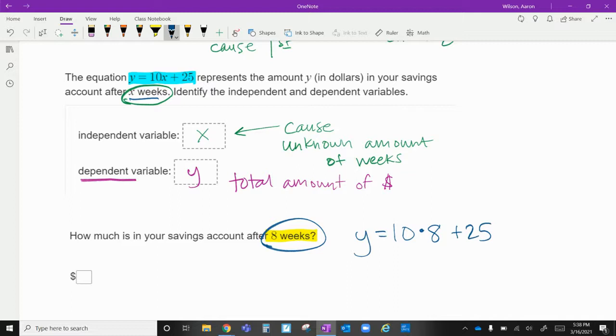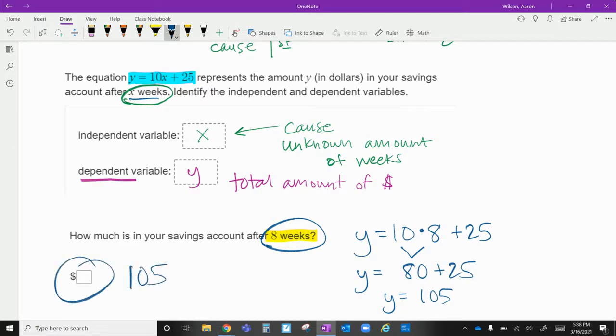So I'm basically asking you, how much money would you save in your savings account in 8 weeks? So all I got to do is the math, right? So it's just 10 times 8. Well, that's 80. And 80 plus 25, well, that would equal $105. So that is the amount that would go inside that box, $105.